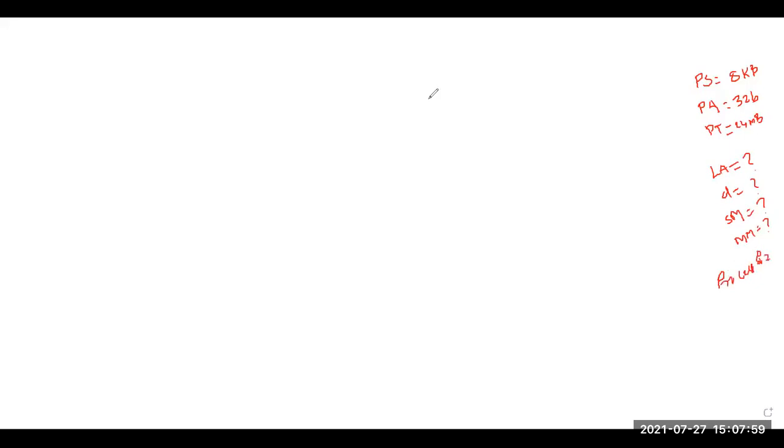So let me draw the diagram for you to show how it is given. Now there is a CPU.